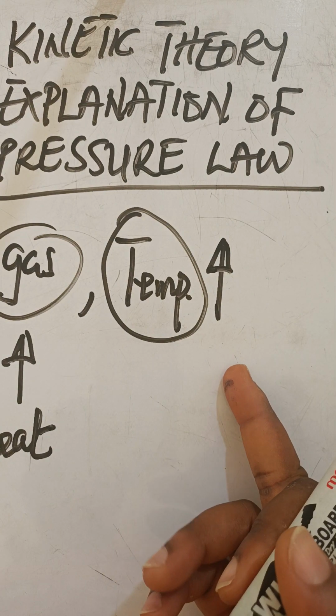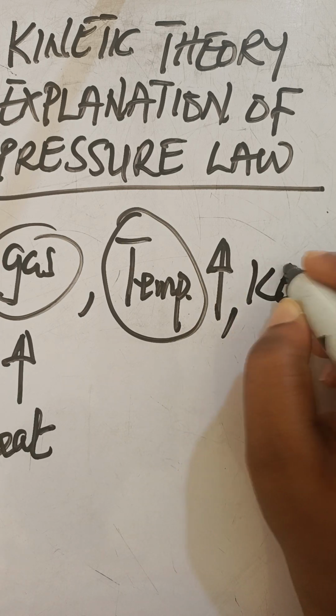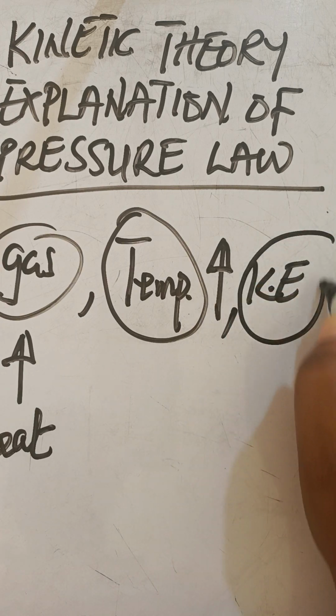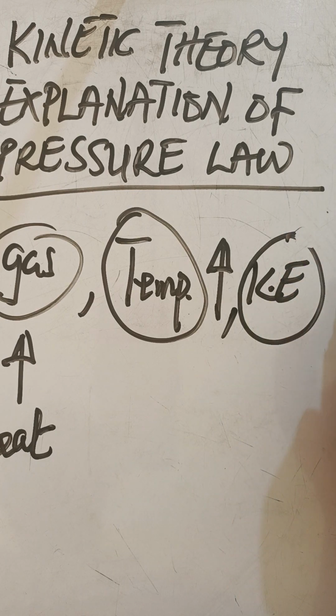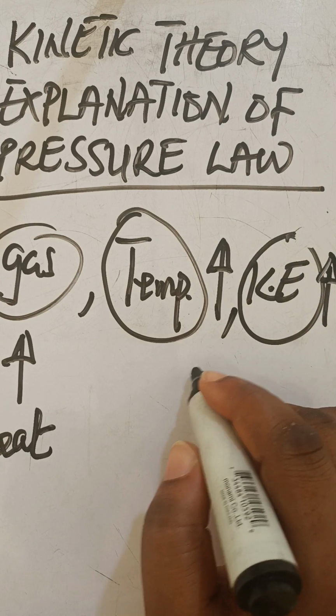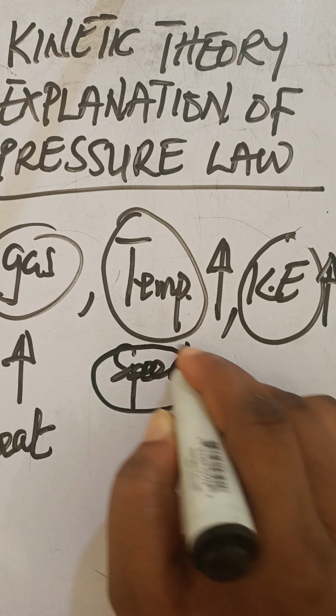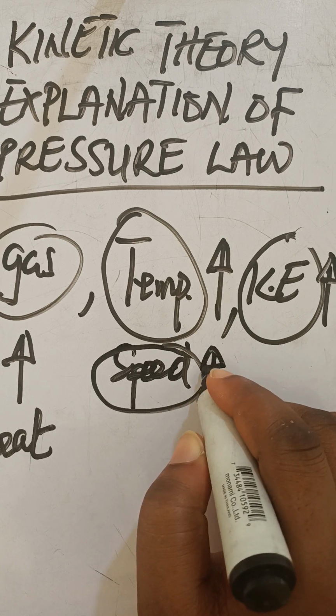So when the temperature of that confined gas is increased, the kinetic energy of the molecules of the gas, as well as the speed of the molecules, will also increase.